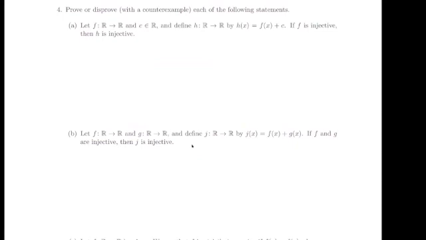So 4A is, okay, we've got some map F, which is not even specified here. It's some map from the real numbers to the real numbers. C is some constant real number. And then we're going to define H as we take whatever F does and we add C to it. So the claim here is if F is injective, then H is injective.